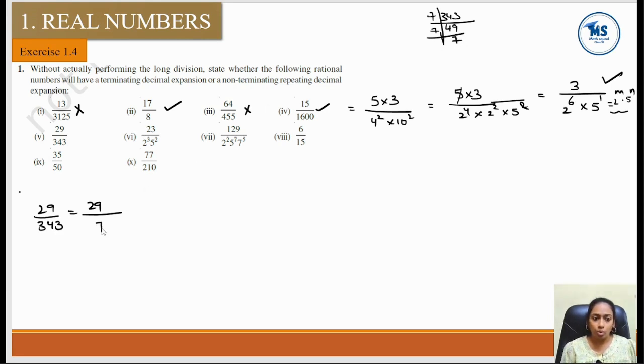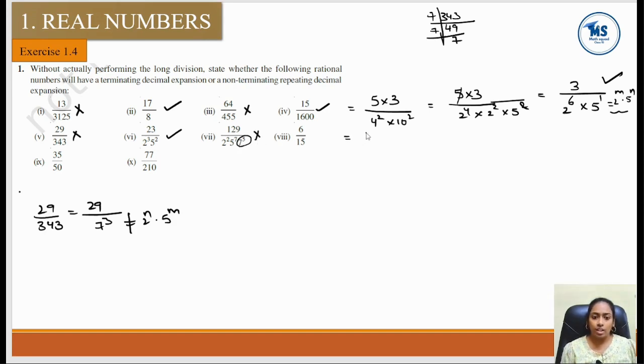Yeah, 7 cube. It is not in the form of 2 power n, 5 power m, so it is non-terminating. Here clearly you can see it is in the form of 2 power n, 5 power m, it is terminating. Here you can clearly see there is an extra number 7 power 5, so this is non-terminating.